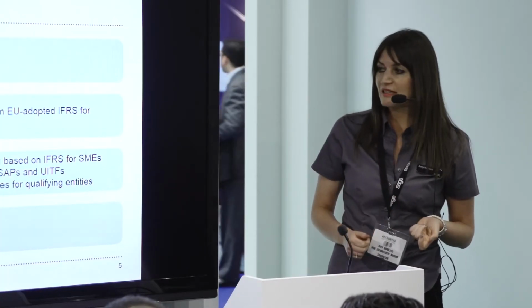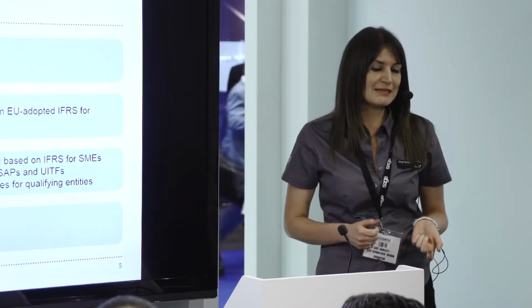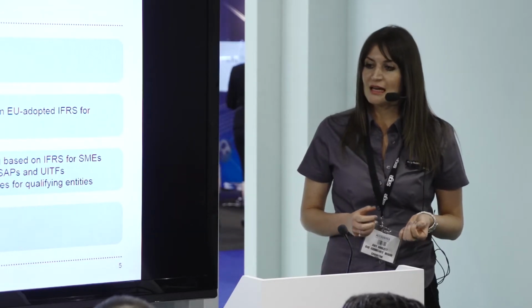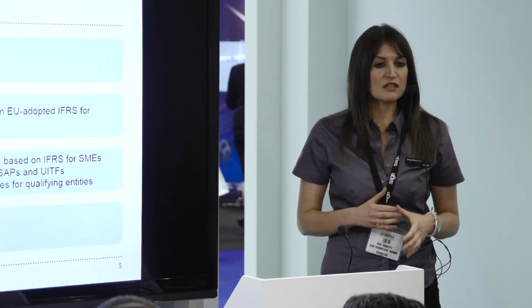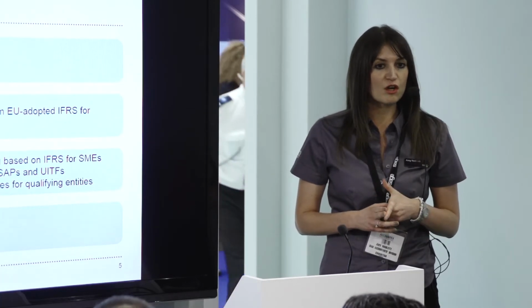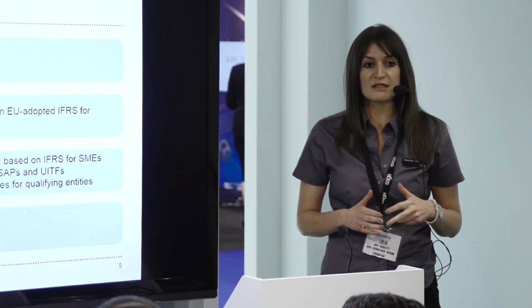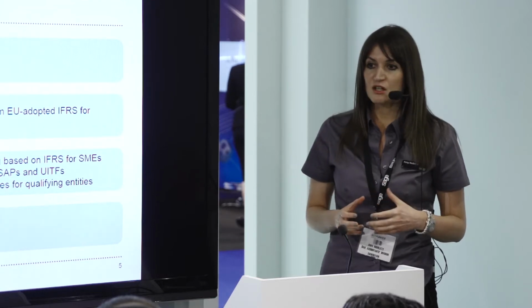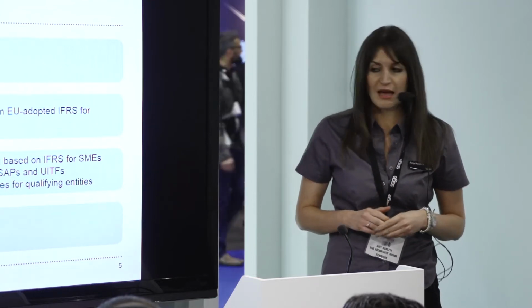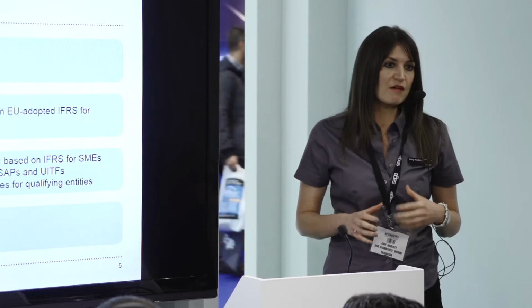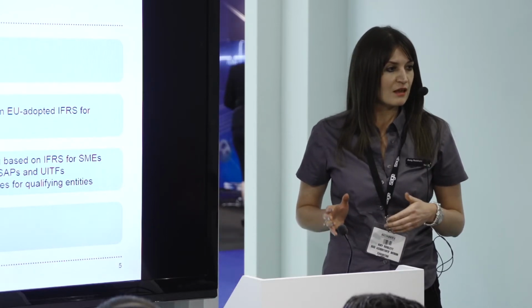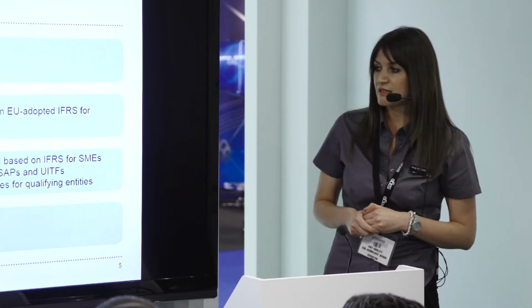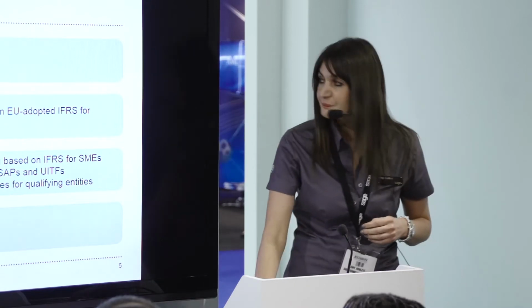So primarily, this will be for insurance companies, but it affects anyone who issues insurance contracts or reinsurance contracts. So some product warranties may meet the definition of an insurance contract. So that's something to be aware of, that might fall within the measurement and recognition criteria of FRS 103.